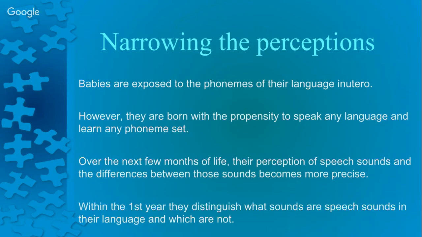But over the next few months, there will be a bit of a pruning that narrows down their perception of speech sounds, and the differences between those speech sounds, their perception of those becomes much more precise. And by the end of their first year, between 10 months and a year old, they have a pretty good understanding of which sounds they recognize as language and which ones are not.